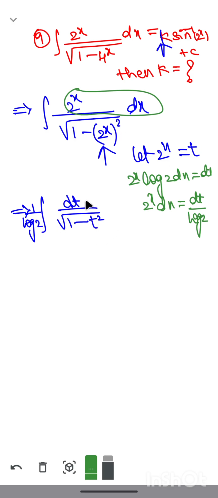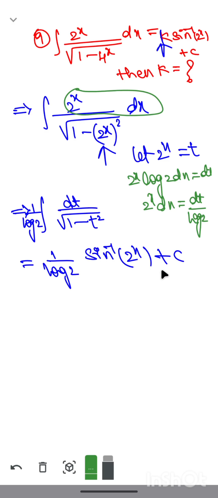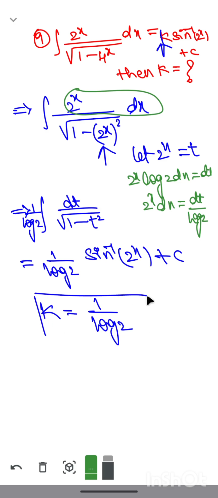Now this is in the form of integration of dx whole divided by root of 1 minus x square, that is the sine inverse of x formula. We get 1 by log 2 into sine inverse of t, where t is 2 to the power x, plus c. Finish. We found the answer. When I compare my answer with the given RHS, in place of k we have 1 divided by log 2. So the required answer is k is equal to 1 by log 2.